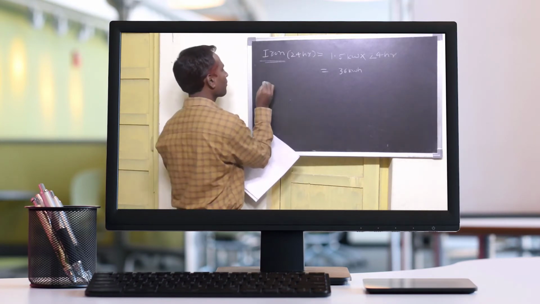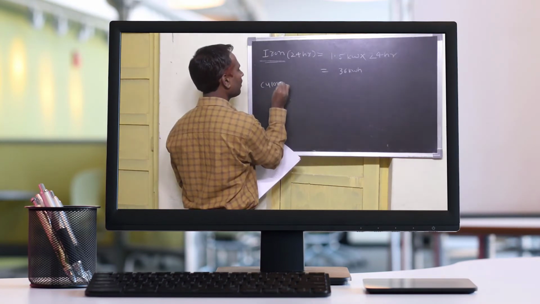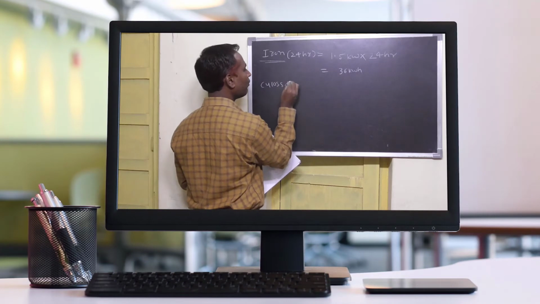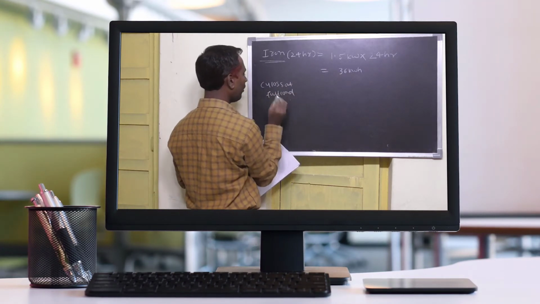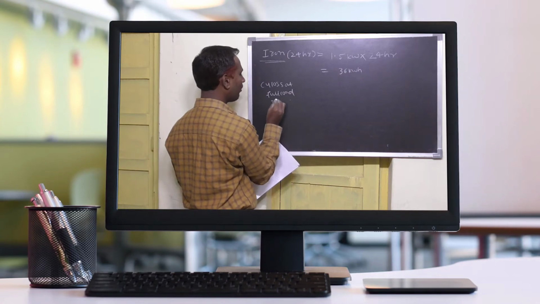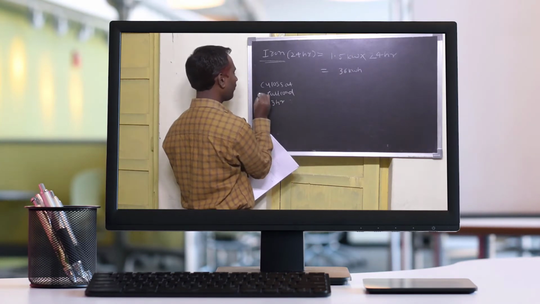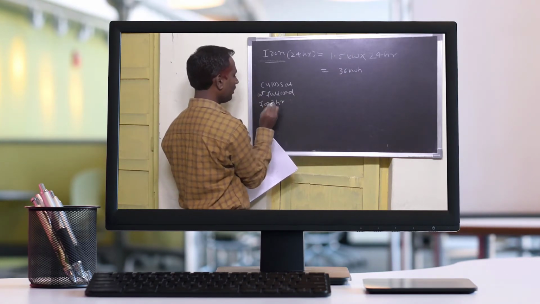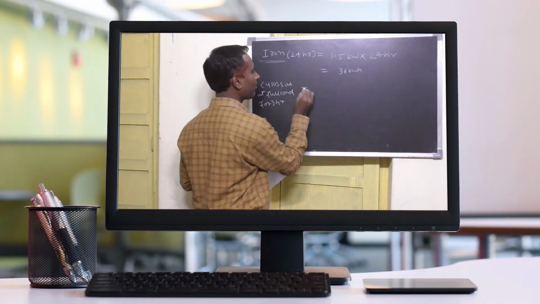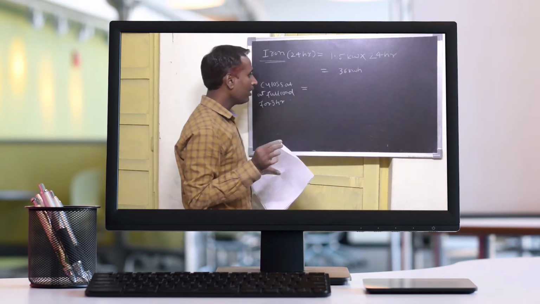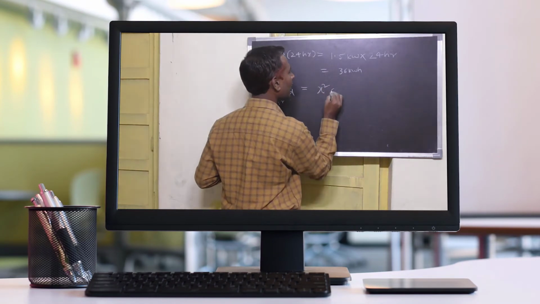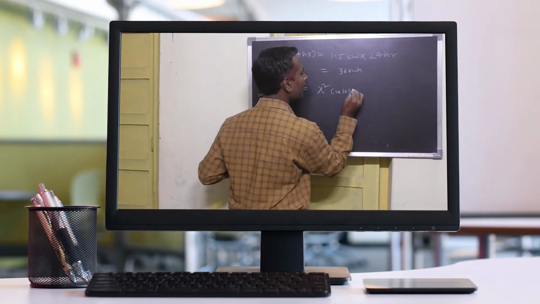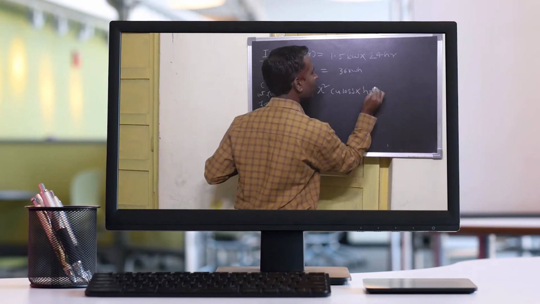Okay, let us start. Copper loss at full load for 3 hour. What is the formula? The formula is x square into copper loss into hour.